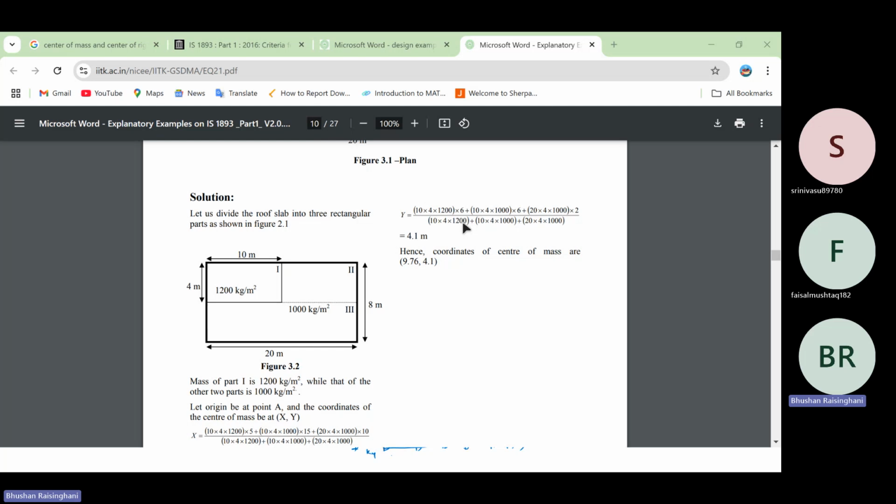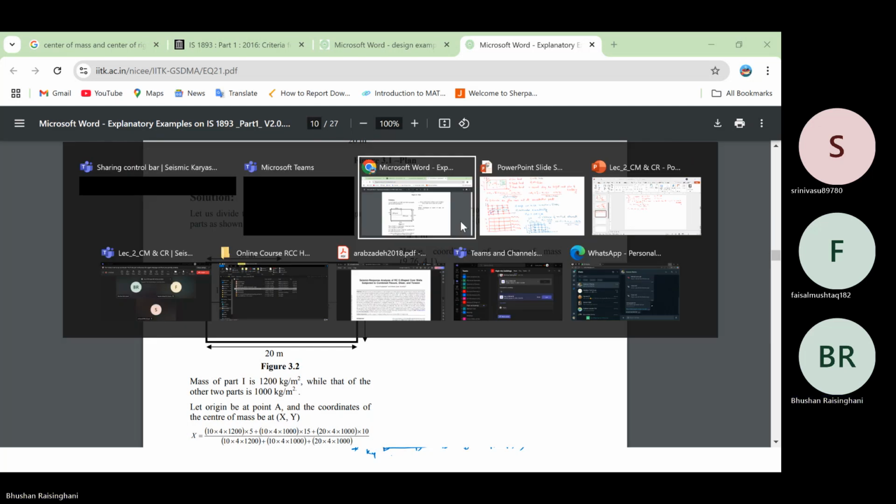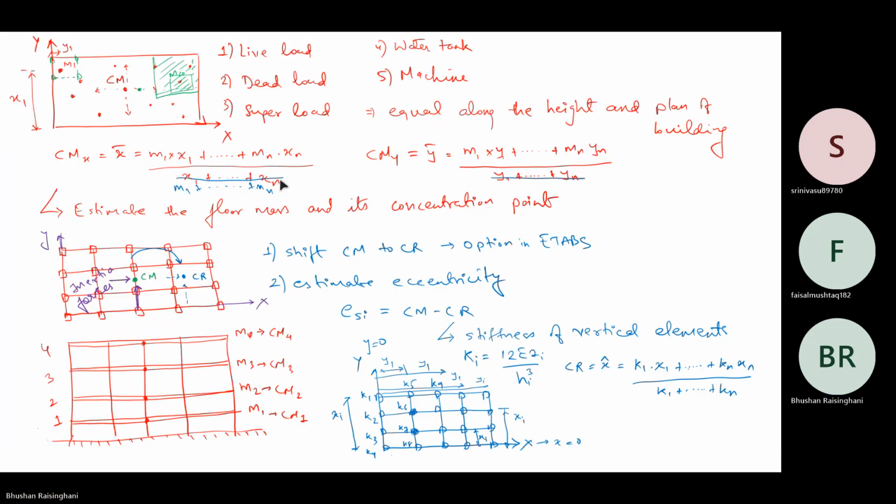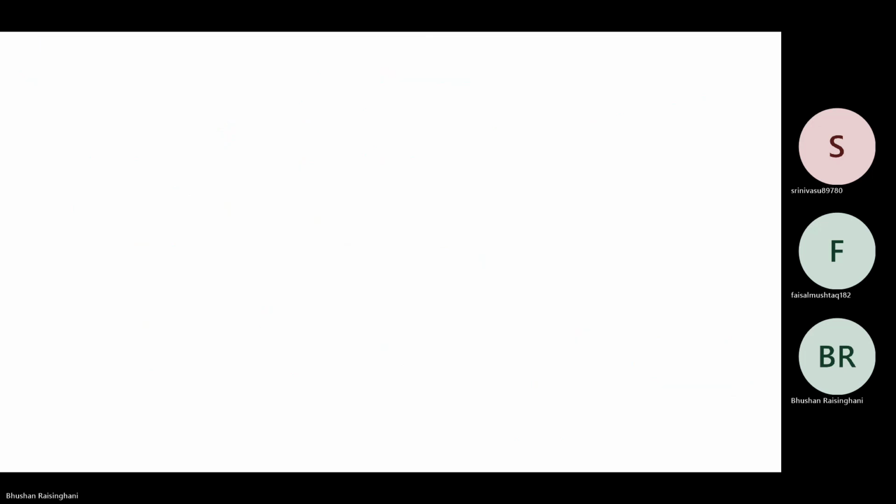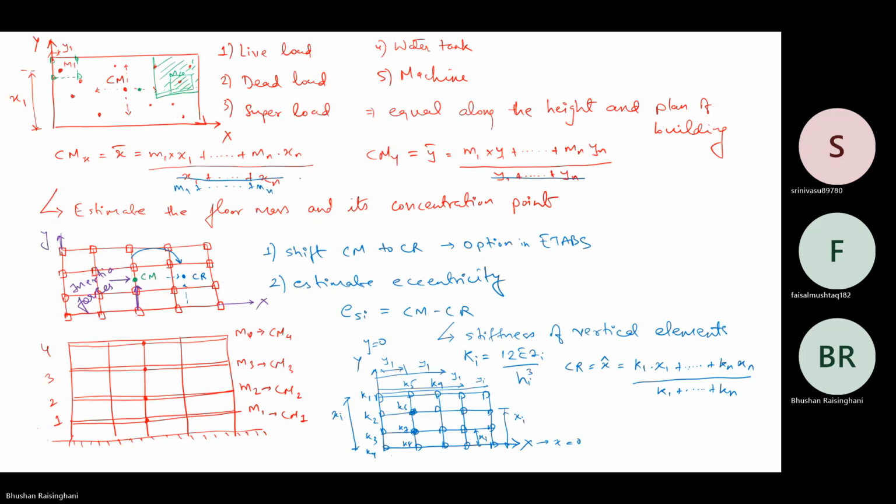So basically the formula is, what is the formula in this particular denominator? It is actually mass M1 up to your Mn.